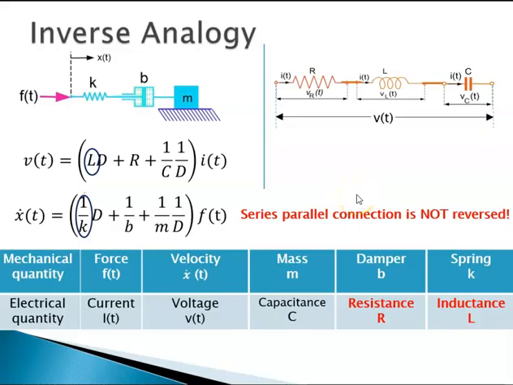Note that in direct analogy, that is force voltage analogy, the series parallel relation got reversed. Whereas here in inverse analogy, the series parallel connection is not reversed. So in force current analogy, the series parallel connection is not reversed.